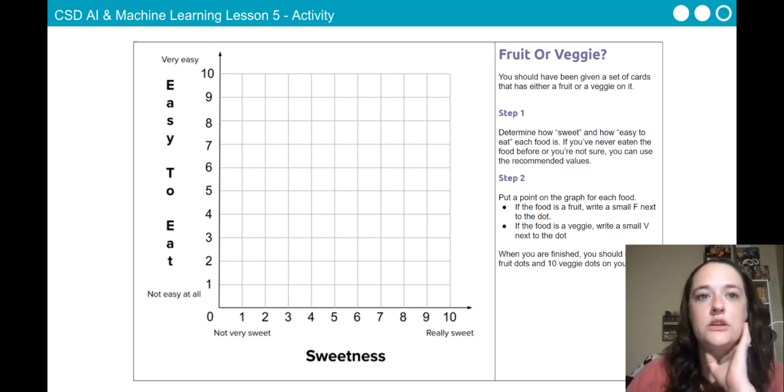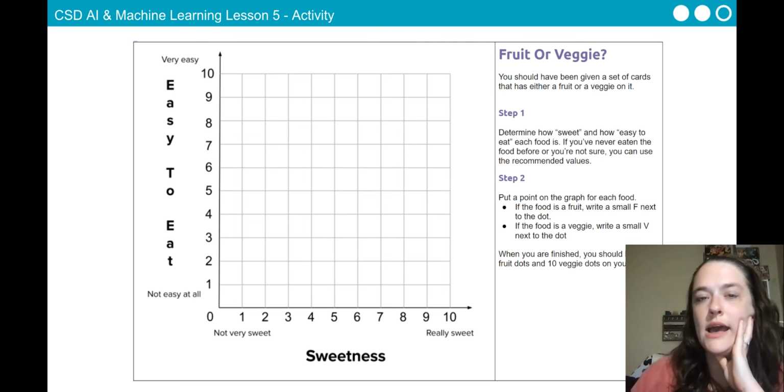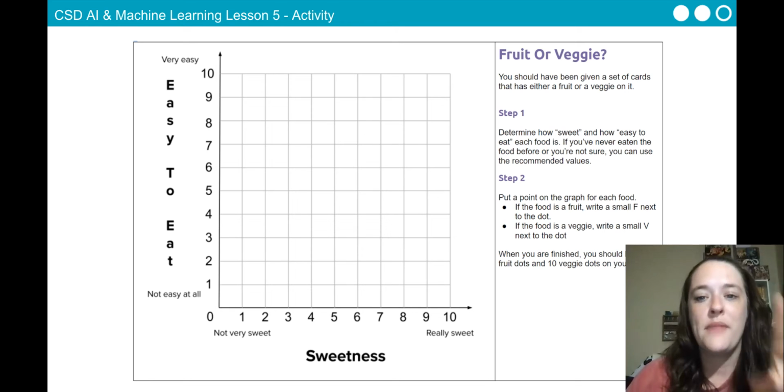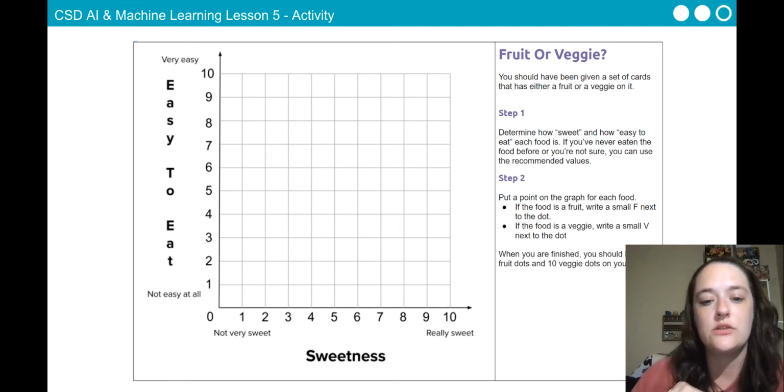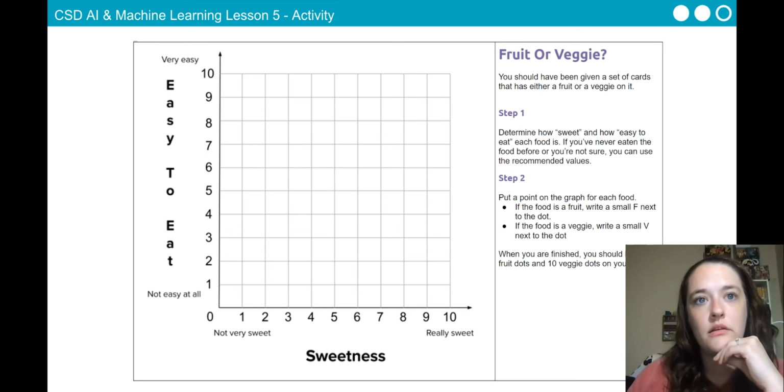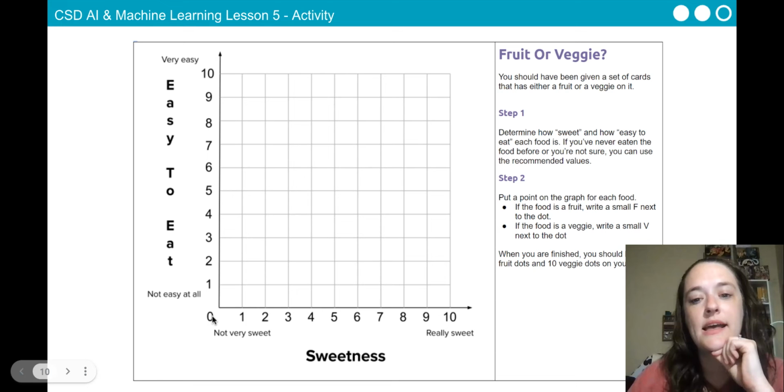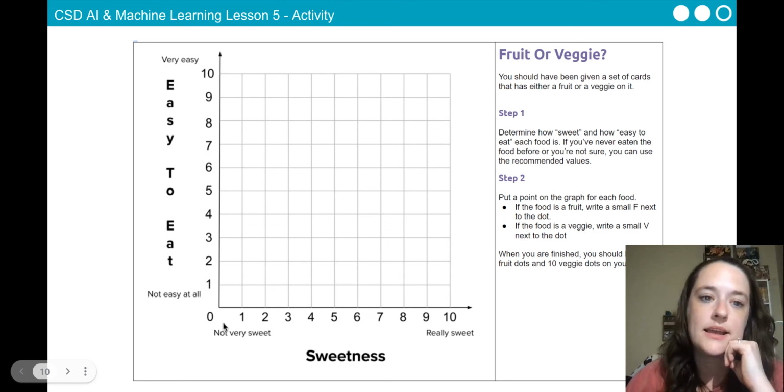we are going to look at a completed graph. Now, you're making a graph here, and so you can actually connect this back to skills that you learn in whatever math class you take. This is the x-axis, the sweetness is the x-axis, and the easy to eat is the y-axis.